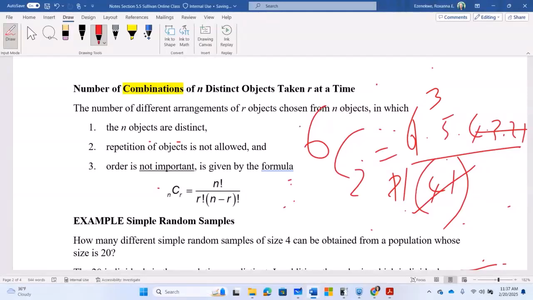Therefore, 6 combination 2 is 3 times 5, 15. So I'm going to use my calculator to verify my answer. Is 6 combination 2 15? Let me use my calculator.